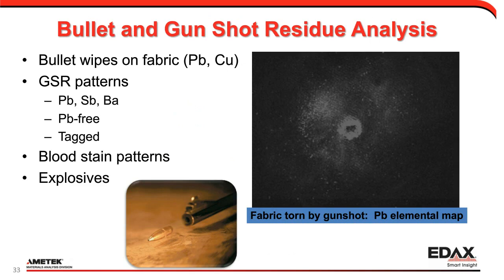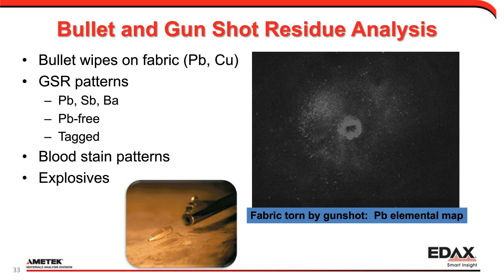Another application of the Orbis XRF instrument in forensics laboratories is looking at bullet projectiles and gunshot residue analysis. What we see over here on the right is an elemental map of a test bullet tear through a fabric, a gunshot through a piece of fabric.